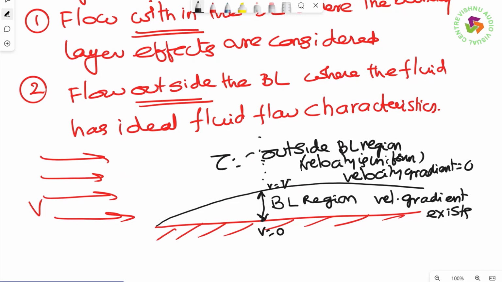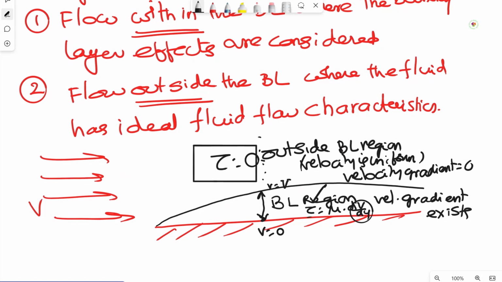So the shear stress outside the boundary layer is 0. But within the boundary layer, tau is equal to mu into dv by dy. And you all know that mu cannot be 0. There will be some small value, but because of the high gradient, the tau is very high. So that is why when we discuss flow, we have to discuss it in two ways.